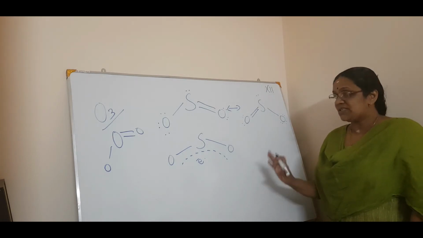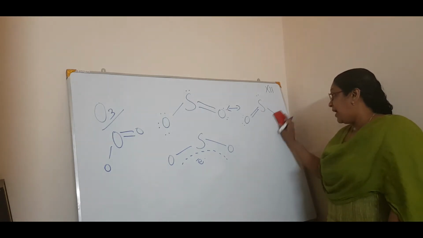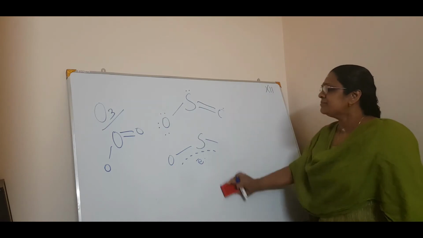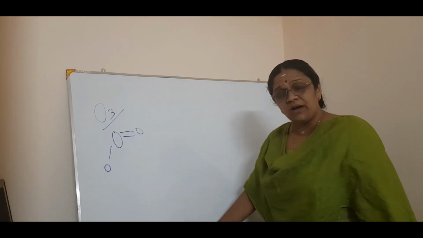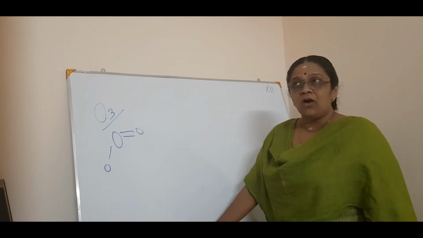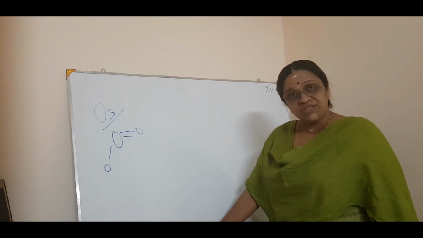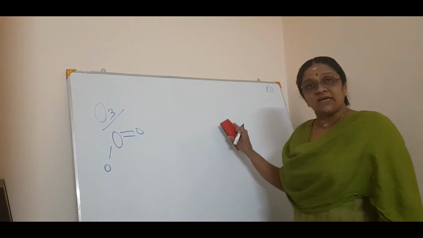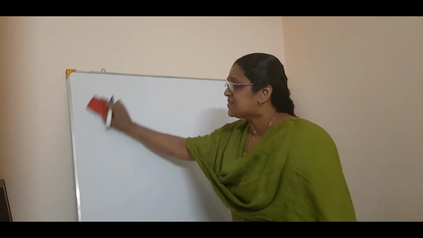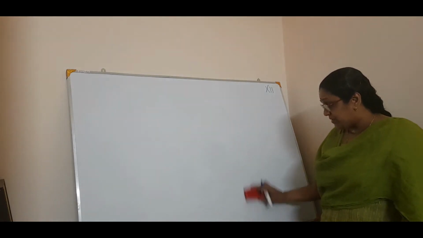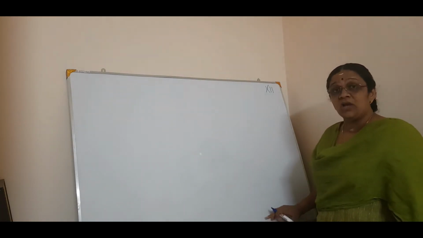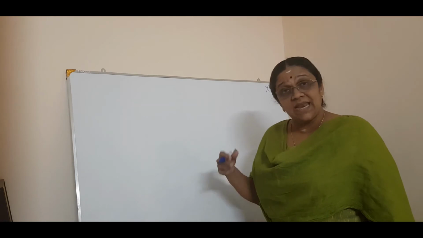Clear? So that's all about sulfur dioxide, and I particularly said that in all these compounds we are discussing, ammonia or nitric acid or nitrogen or oxygen or ozone, and now comes sulfur dioxide. You have to just study 2 or 3 important uses. Okay, important uses, and if nothing is coming to your mind, you just write it is used as a lab reagent.